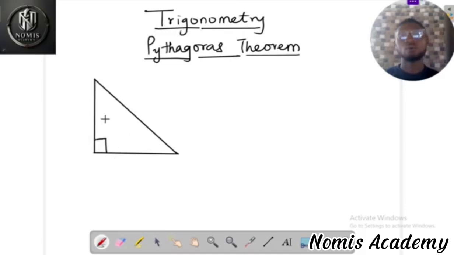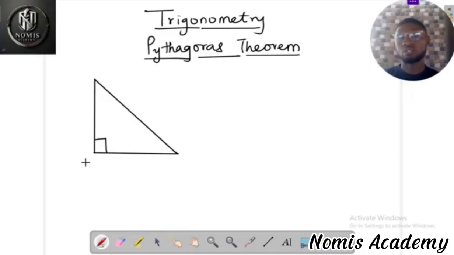So any triangle that has 90 degrees as one of its angles is a right angled triangle. And do not forget, the sum of the angles in a triangle is equal to 180 degrees. Please let this be at the back of your mind because it is going to help us solve any question that will come after this Pythagoras theorem.